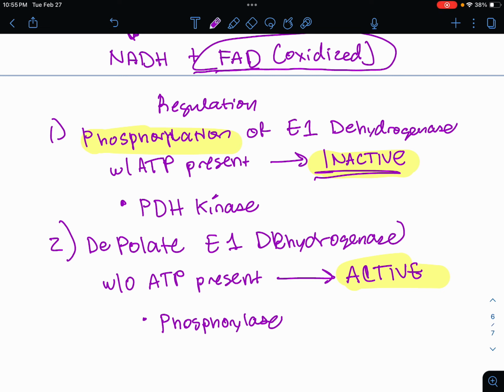So we fully oxidize it and we get some ATP in situation 2 here when we dephosphorylate the dehydrogenase.